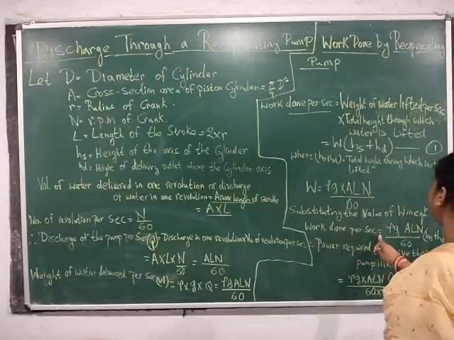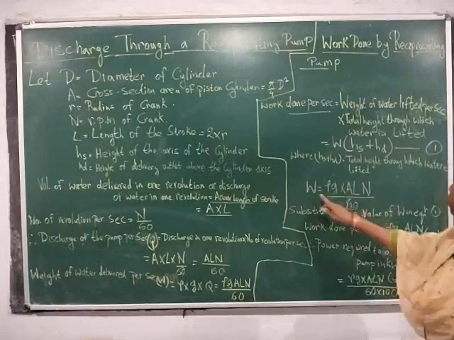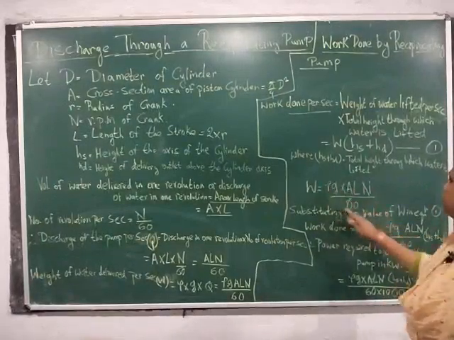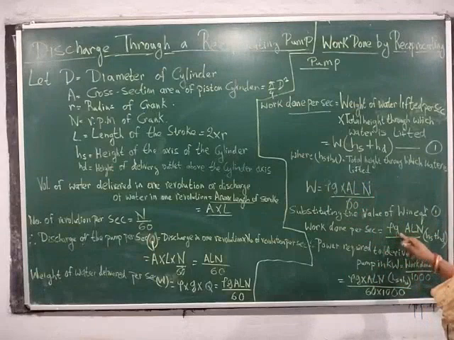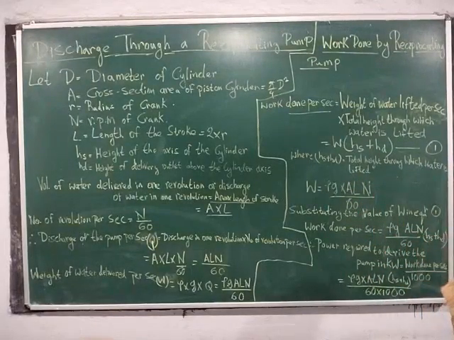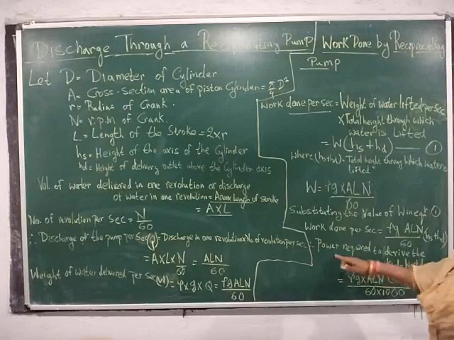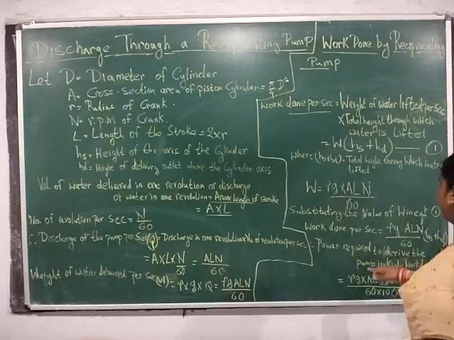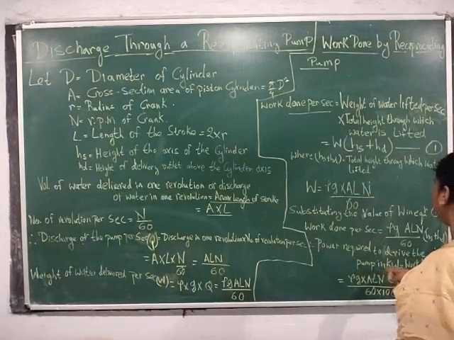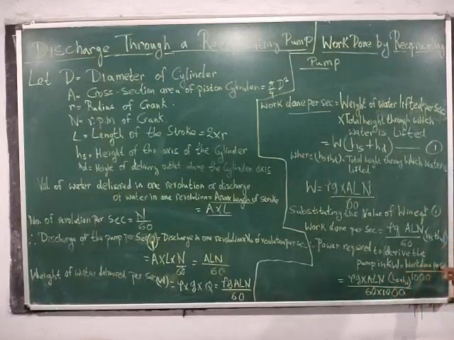Work done per second is equal to rho G A L N divided by 60 into HS plus HD. Next, the power required to drive the pump in kilowatts is equal to work done per second divided by 1000.